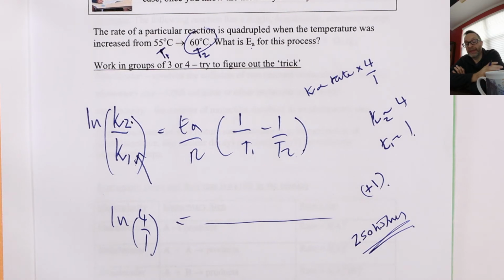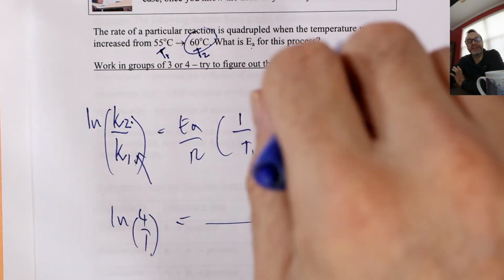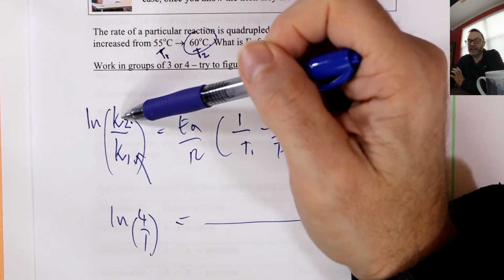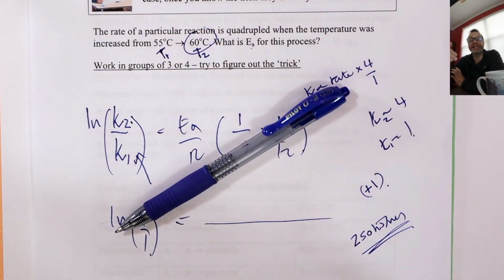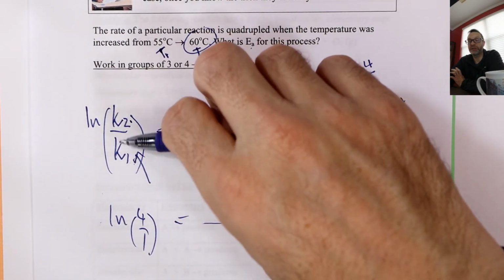Now, that's a standard trick, right? Sometimes they might ask, what activation energy is there for a reaction whose rate is quadrupled when the temperature goes up? So they can just reword this and make this fraction the subject. When they want how many times faster, that's just the ratio of these two k's.